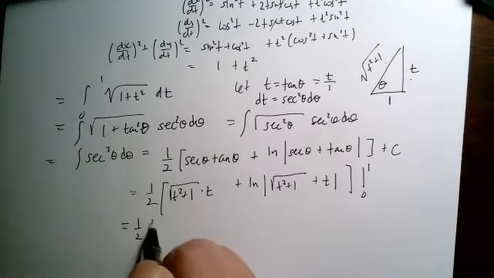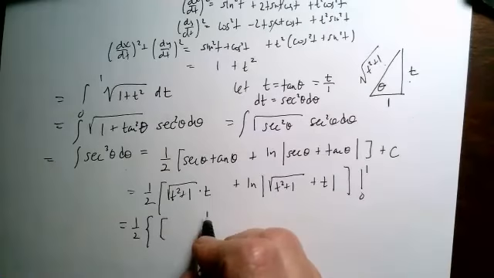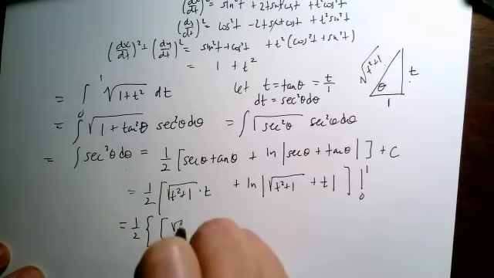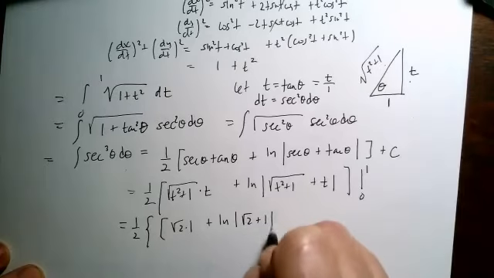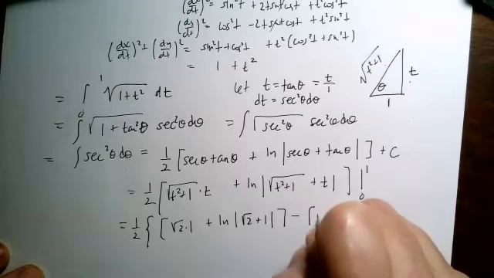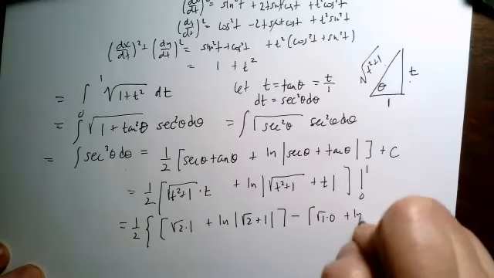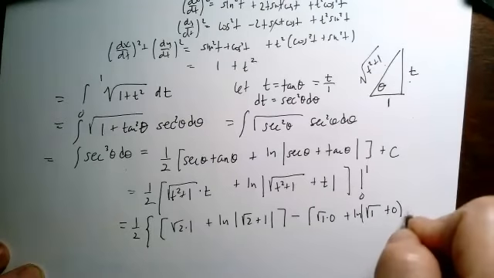So that's going to be 1/2 times, when t is equal to 1, we'll have root 2 times 1 plus the log of root 2 plus 1, minus root 1 times 0 plus the log of root 1 plus 0.